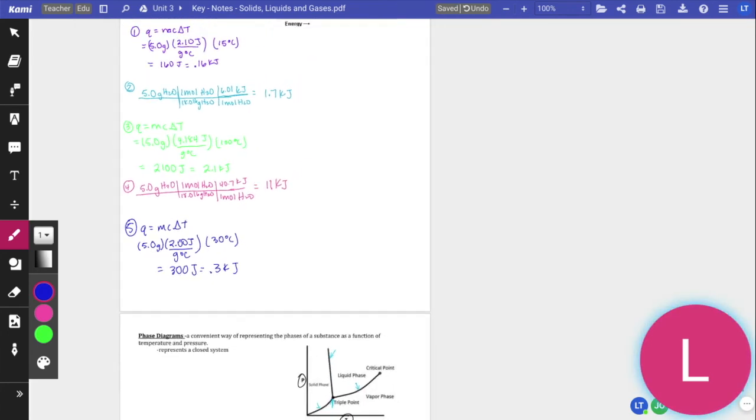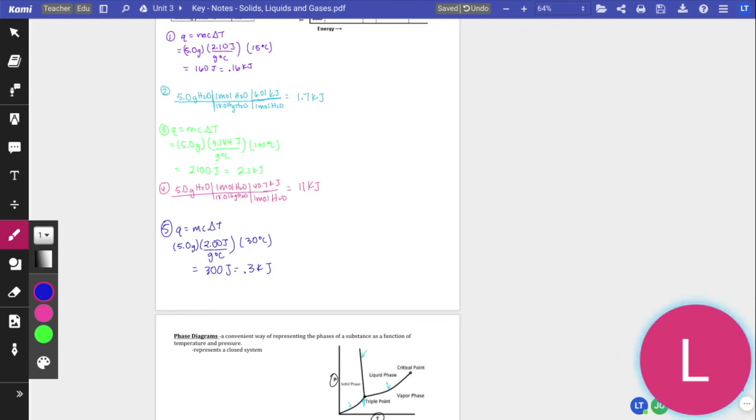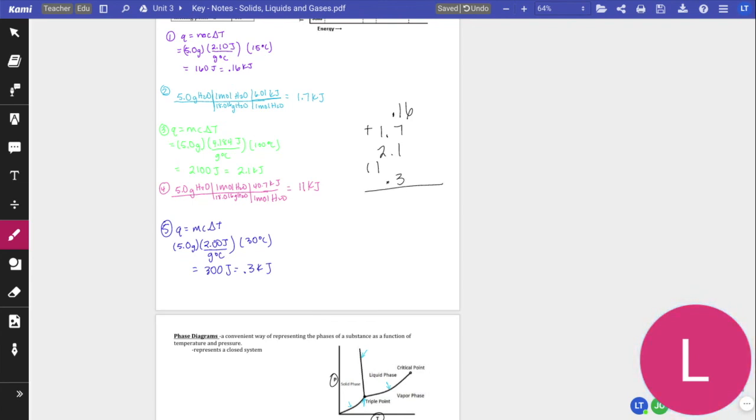All right. Now what I'm going to do is take all those numbers that I got and add them together to give me my total number. So I have 0.16 plus 1.7 plus 2.1 plus 11 plus 0.3.